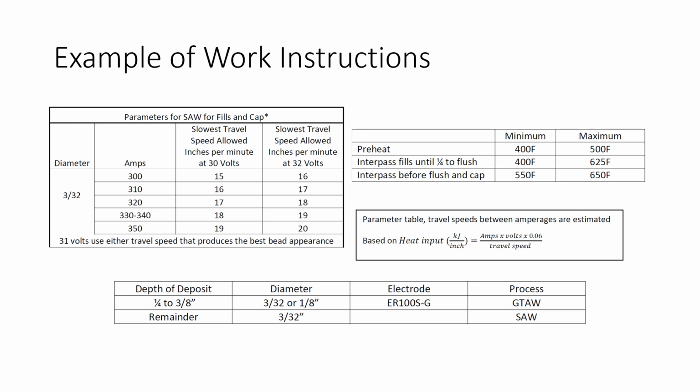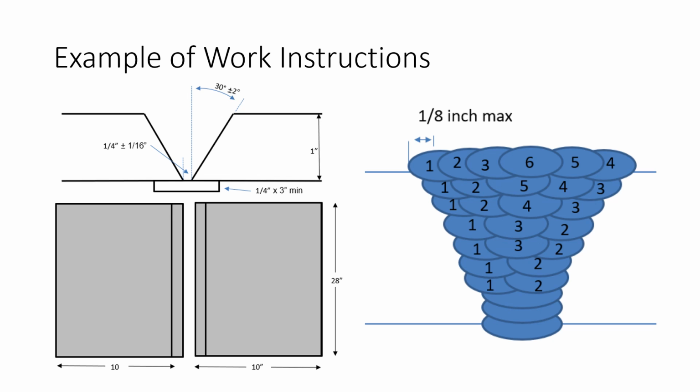And once you've built these work instructions, you're not going to have to redo a new one every time. You're probably going to be able to copy and paste and change some of the material on these. And another work instruction would be letting them know how you want the weld beads stacked in there, and keeping an eye on them.